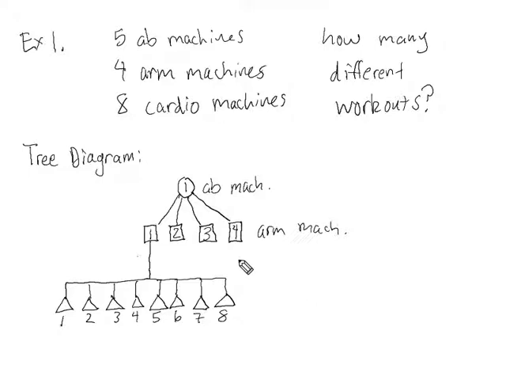Okay, so you can imagine if we drew the full tree diagram, how large this would be, because we're only using one ab machine to get us started. And once you pick one ab machine, there's 4 arm machines and 8 cardio machines to pick from. So if we listed these out, starting with the ab machines, we could say we pick ab machine 1, then we would have a choice of 1, 2, 3, 4 arm machines.